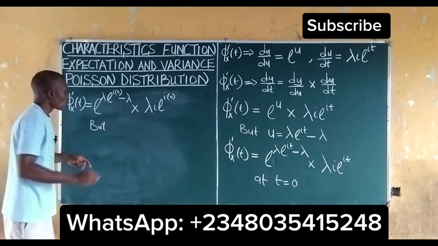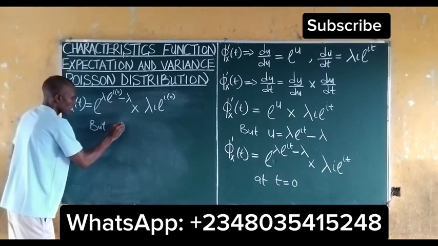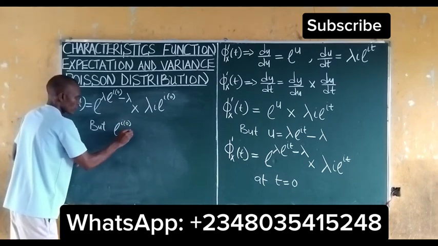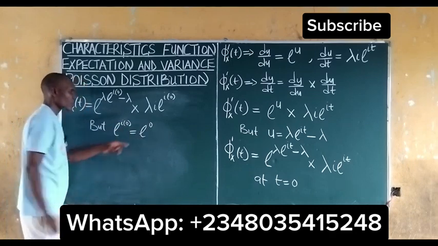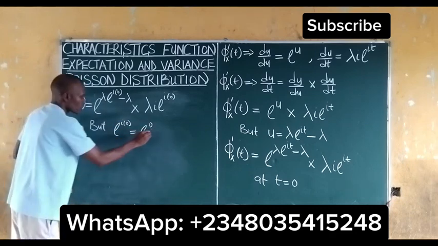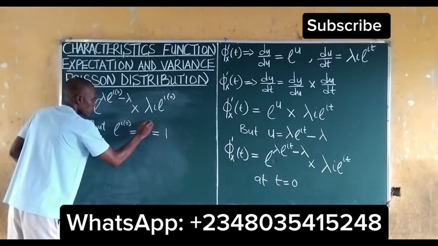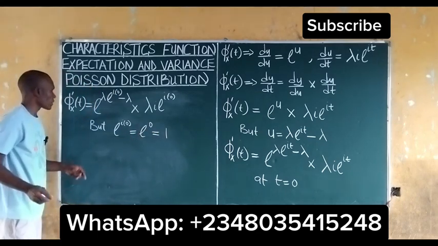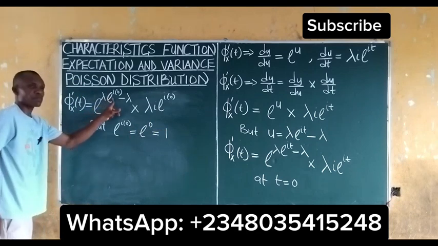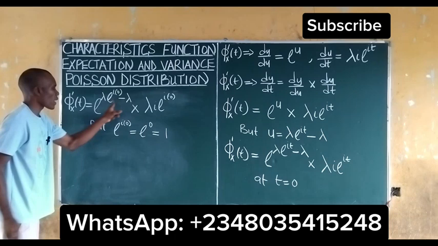From indices, we note that e^(i0) is equal to e^0, and anything raised to the power of 0 is equal to 1. So everywhere we see the exponential function, we turn it to 1.